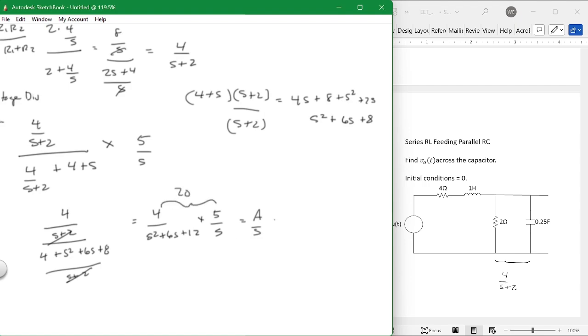So it's 20 is equal to A over S plus K over S plus 3 plus or minus the square root of 3j, plus K star over S plus 3 minus the square root of 3j. All right?